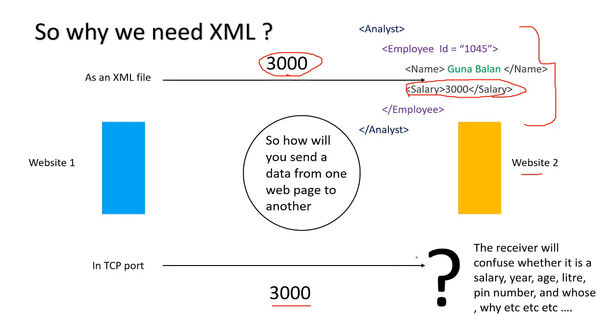Whereas if we simply send the data, we can't organize it. That's why we use XML as data storage. We store the data in XML, and we share it among websites and other programs. We can also use XML as configuration files, which is an advanced concept in software development.